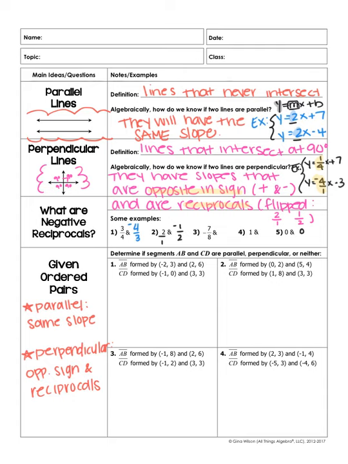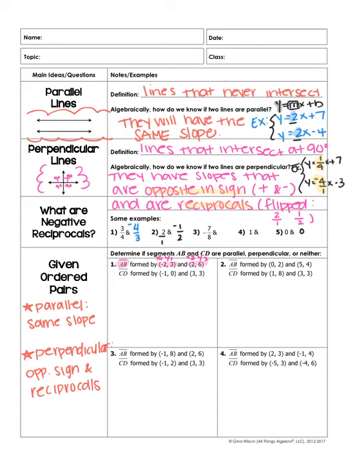On example 1 here, it says segment AB is formed by (-2, 3) and (2, 6), and CD is formed by (-1, 0) and (3, 3). We're going to find the slope of this line first using these 2 points. Let's label everything. We have x1 and y1, x2 and y2.